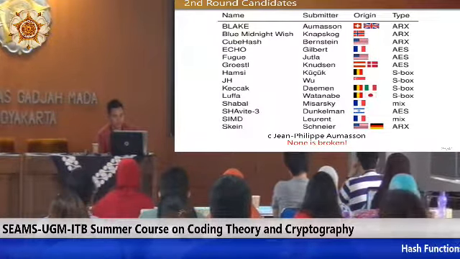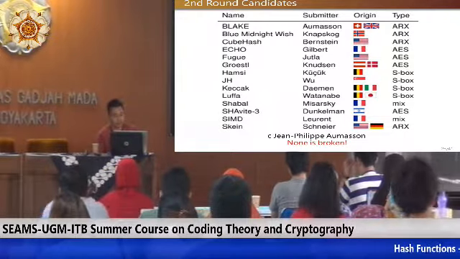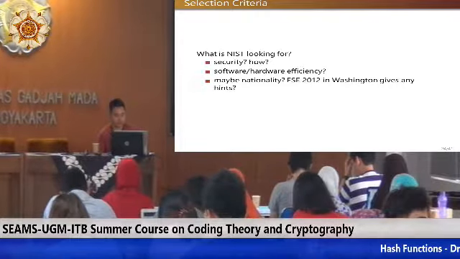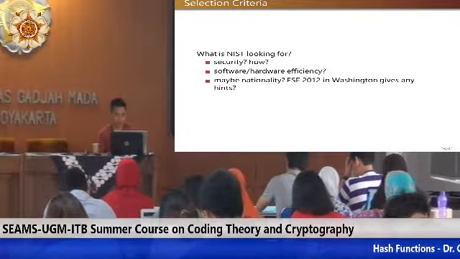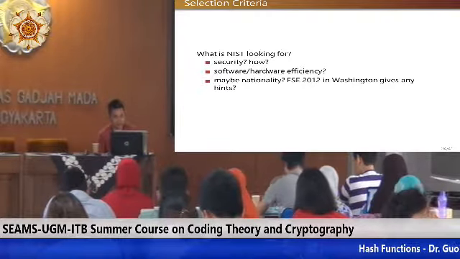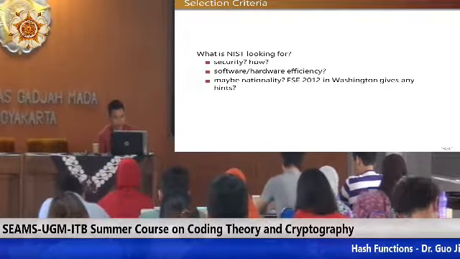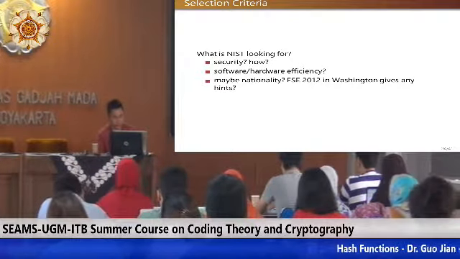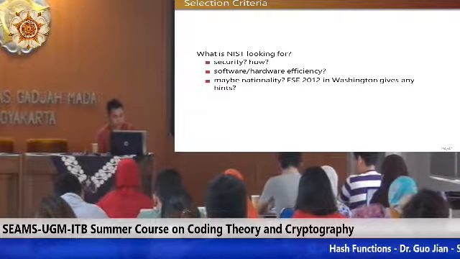So the selection criteria depend on what NIST is looking for. Of course, the first thing is security. If it's not secure, of course, it will not be selected. And if it's secure and also software and hardware efficient, then you will have more bonus points.